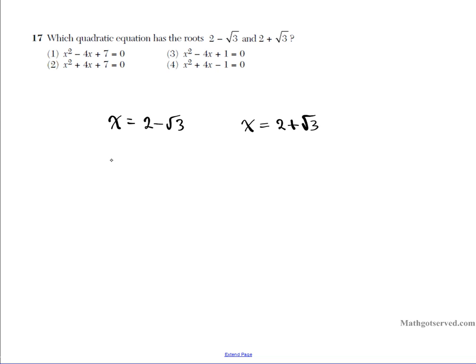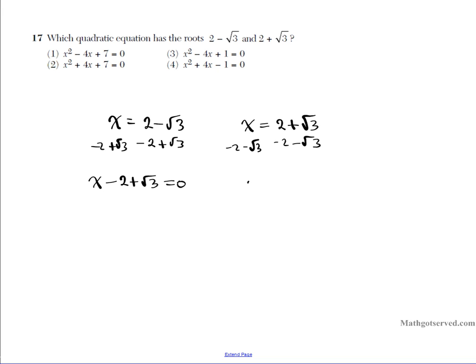That basically tells me I could make these two equal to 0, so I could subtract 2 and add root 3 on this side and this side, subtract 2 and add root 3. So I'm going to have x minus 2 plus root 3 equals 0. And then for this one I could do the same, subtract 2, subtract root 3 from both sides.